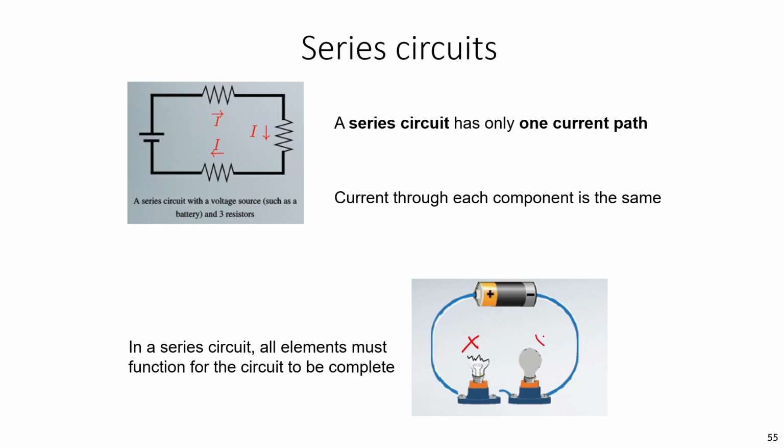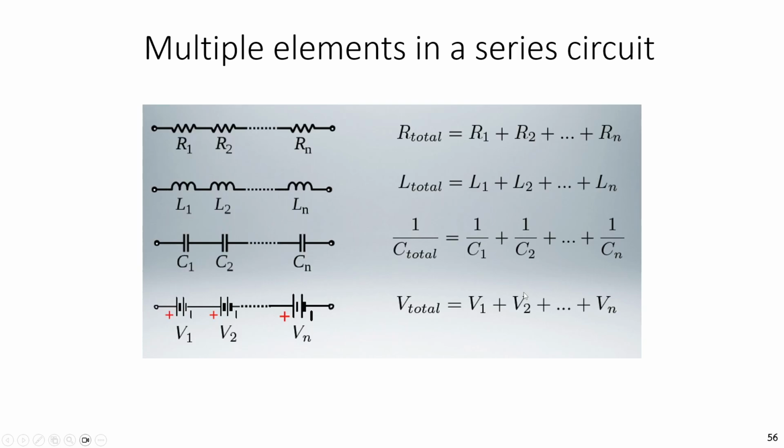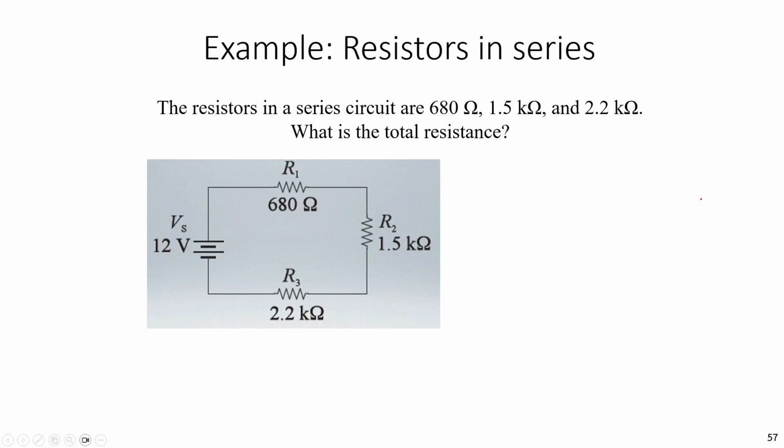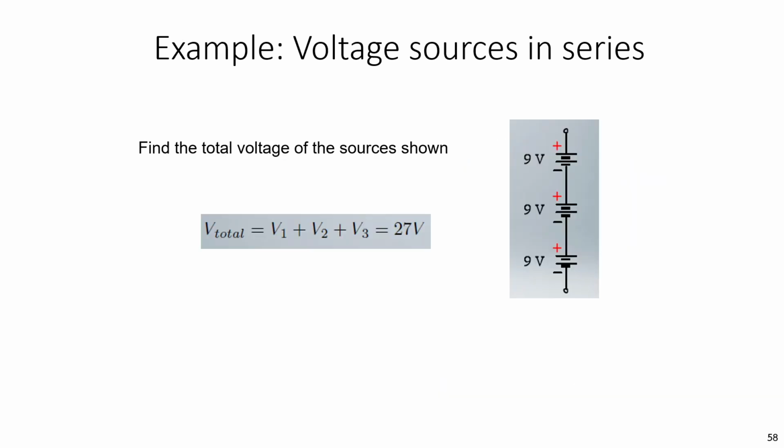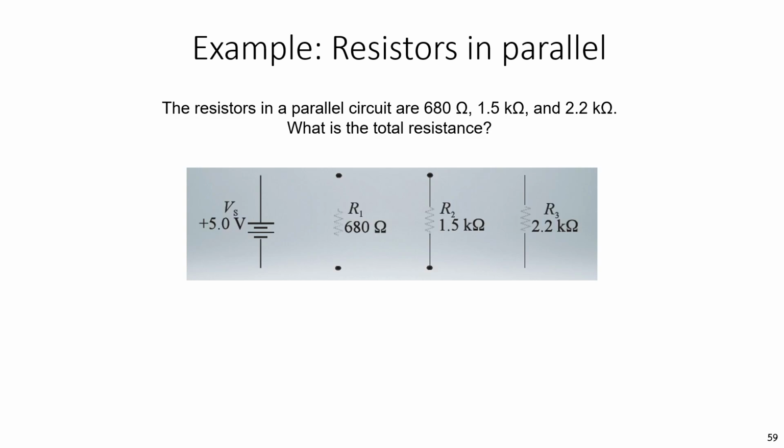This lamp will turn off as well. Okay. This is a series circuit, in series form. Here we just add resistance together. For the voltage, we add the voltage together too if we connect the sources in series form.